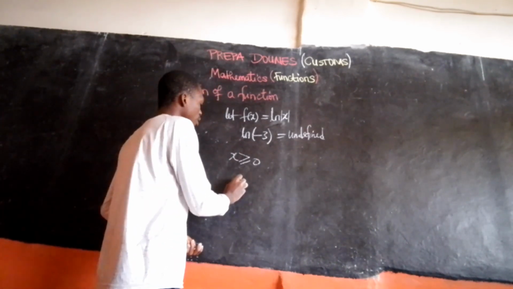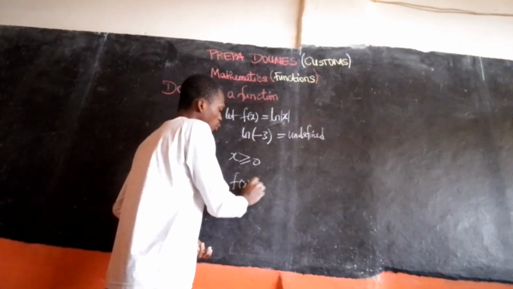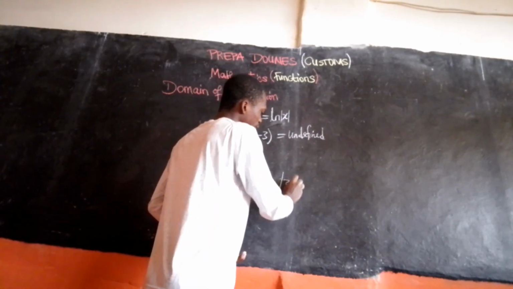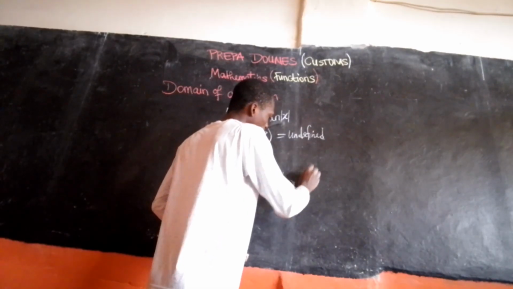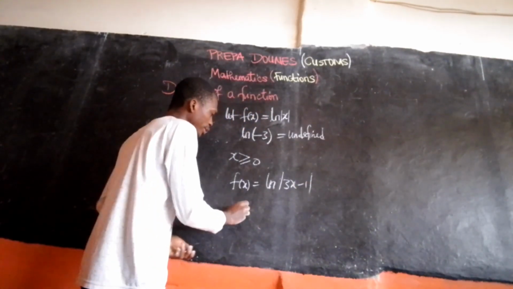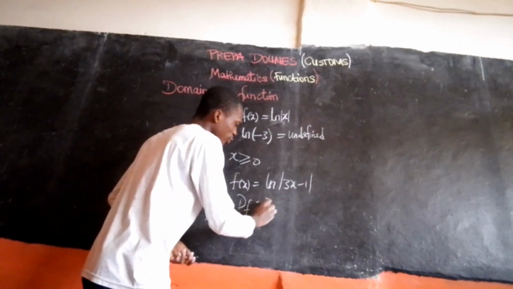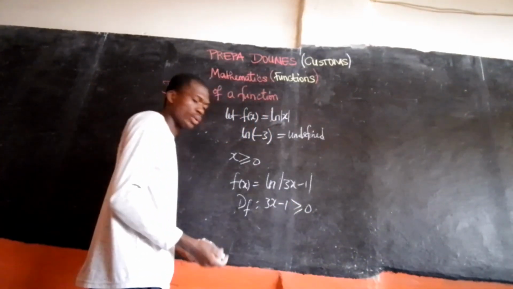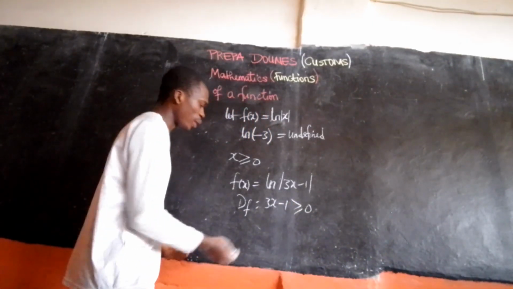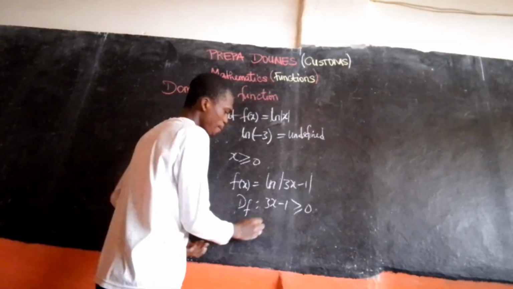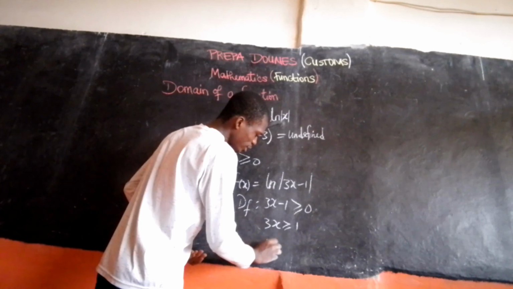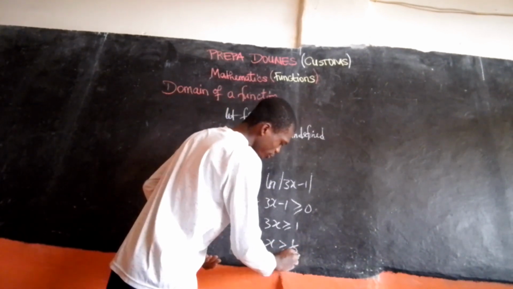So if we have f of x equal to ln of 3x minus 1, then the domain of f will be such that 3x minus 1 should be greater than or equal to 0. Then we solve it the normal way. And then we are going to have that 3x should be greater than or equal to 1, x greater than or equal to 1/3.